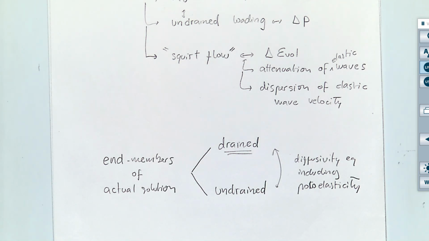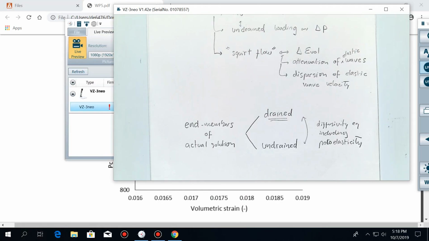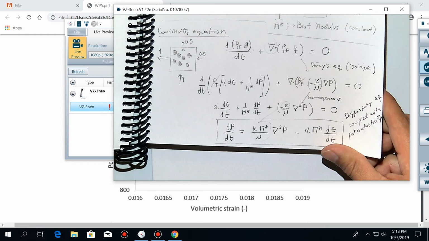Questions? No? Yes? So the diffusivity equation, including poroelasticity, that is, again, just strain and pore pressure as a function of time? Basically, yes. And there is a diffusivity equation that does not include that, which is this equation.